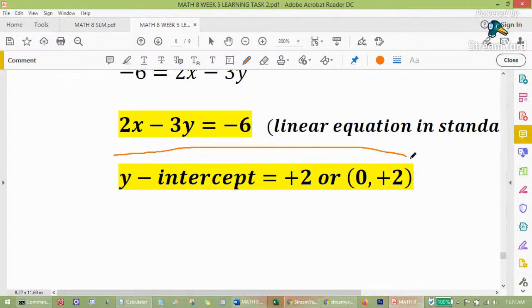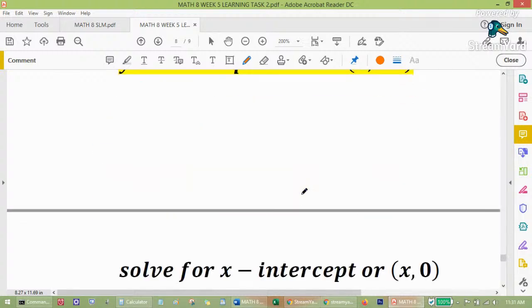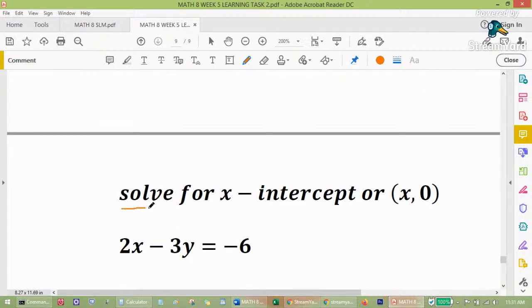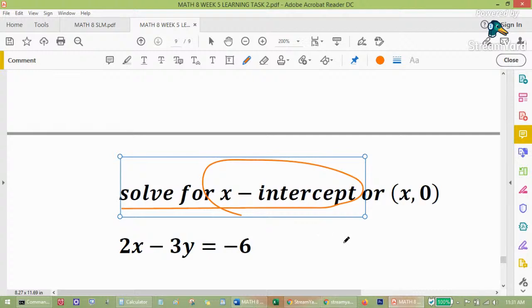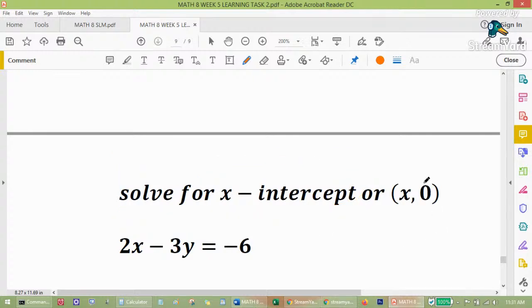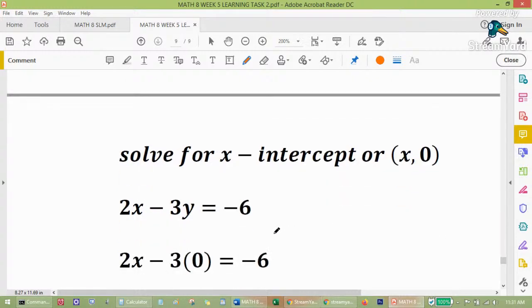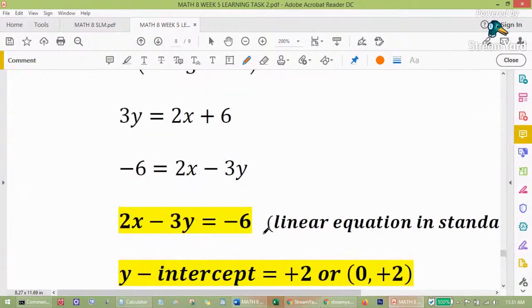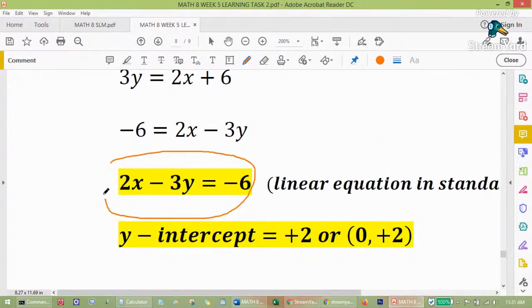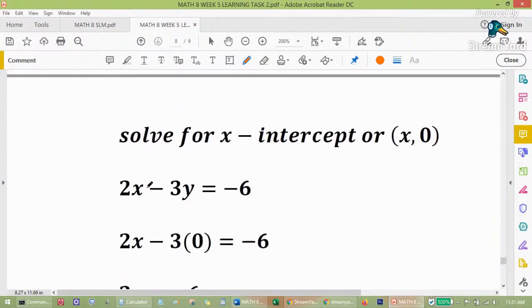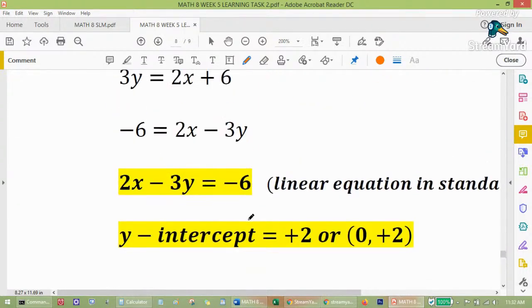Okay, so meron na tayong y-intercept. We're now going to solve for the x-intercept. Sa x-intercept, 0 palagi ang y. So, kukopyahin ko lang tong equation na to. 2x minus 3y is equals to negative 6.